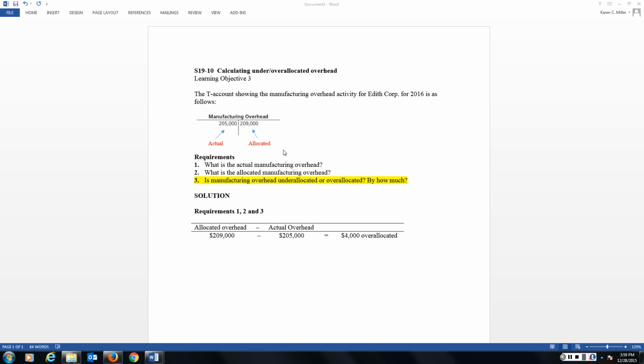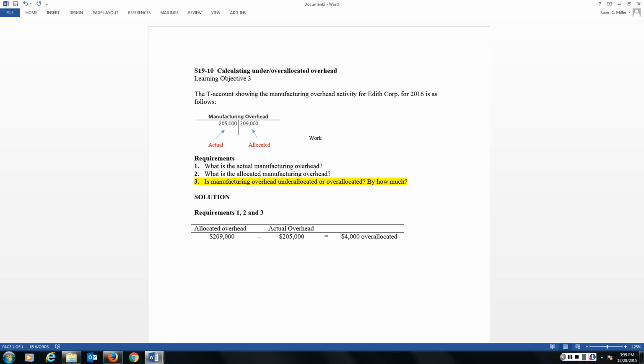Well, if you'll remember, we debit manufacturing overhead for what we actually spend, but we credit manufacturing overhead as it moves out of manufacturing overhead and into the work in process account. So for example, in this particular situation, the $209,000 would actually move out of manufacturing overhead and into a work in process account.